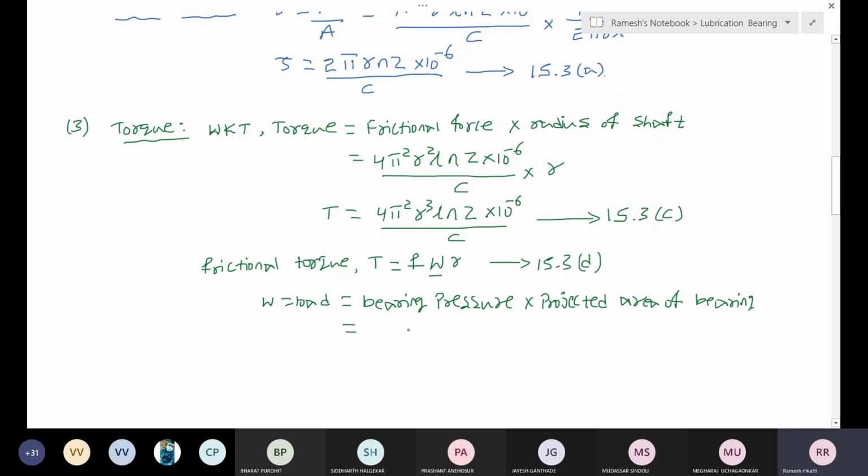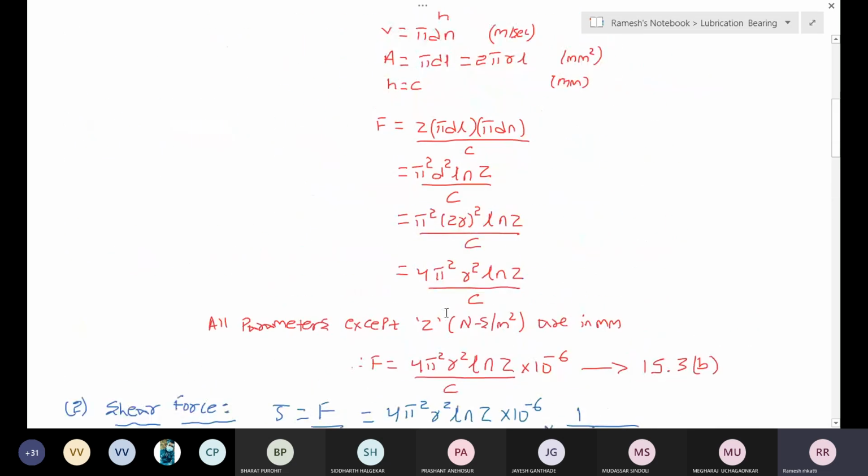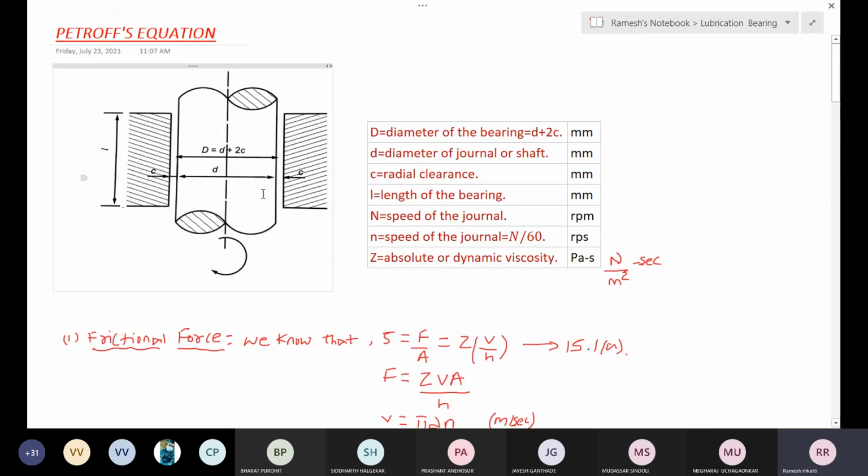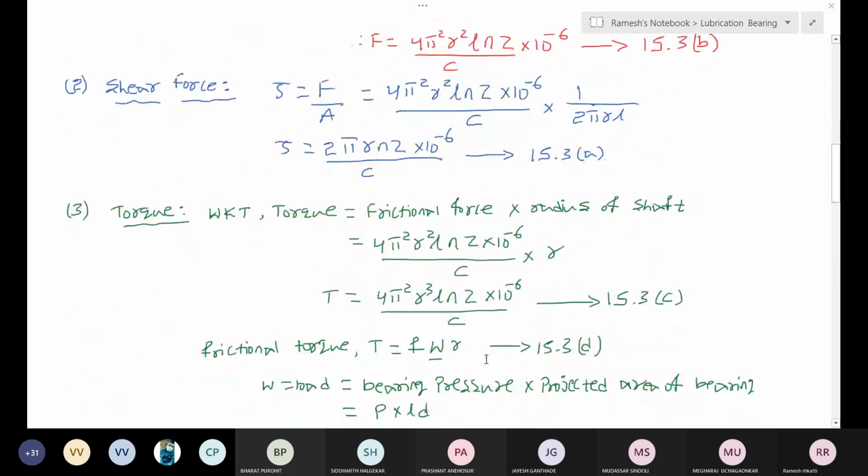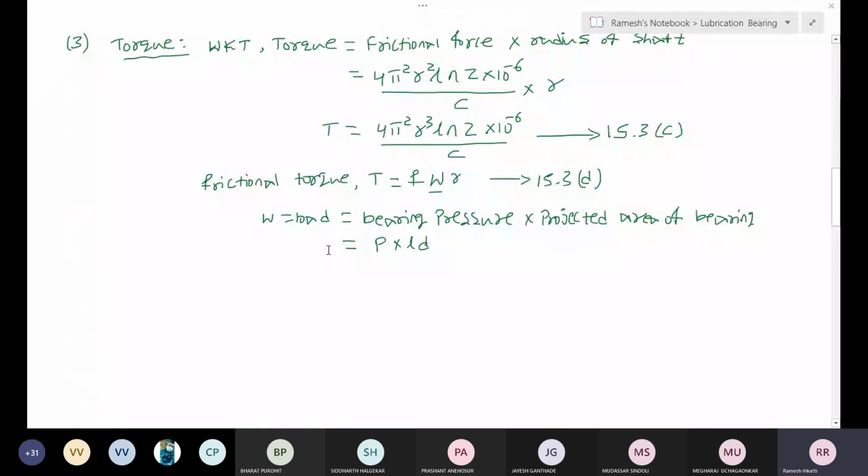Bearing pressure is P, and projected area is the length of the bearing multiplied by the diameter. So W is equal to P into L into D.